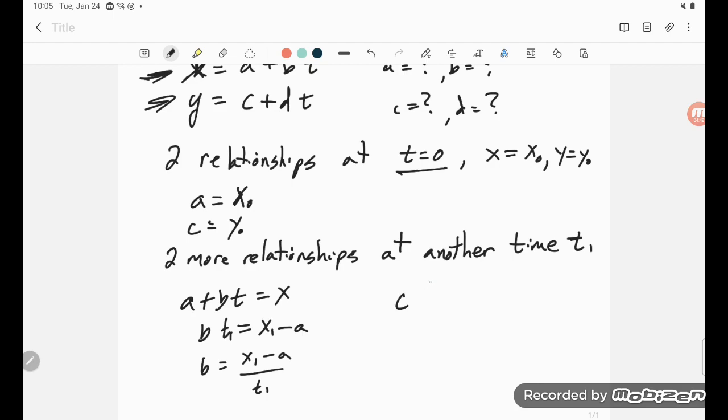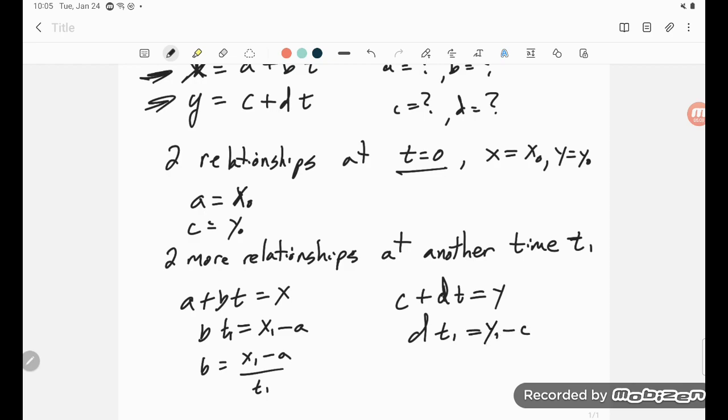Similarly with C, plus DT equals Y. Well, we won't know D, but we'll know our time T1. We'll know the position at time T1.